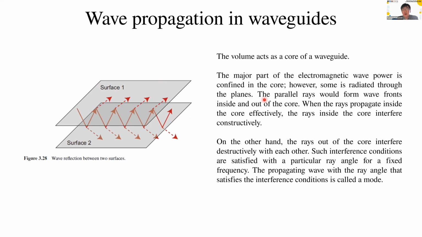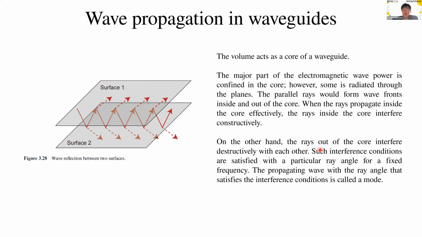And the parallel rays here would form the waveform inside and outside of the core. When the rays propagate inside the core effectively and interfere constructively, we can confine the electromagnetic power in the core.